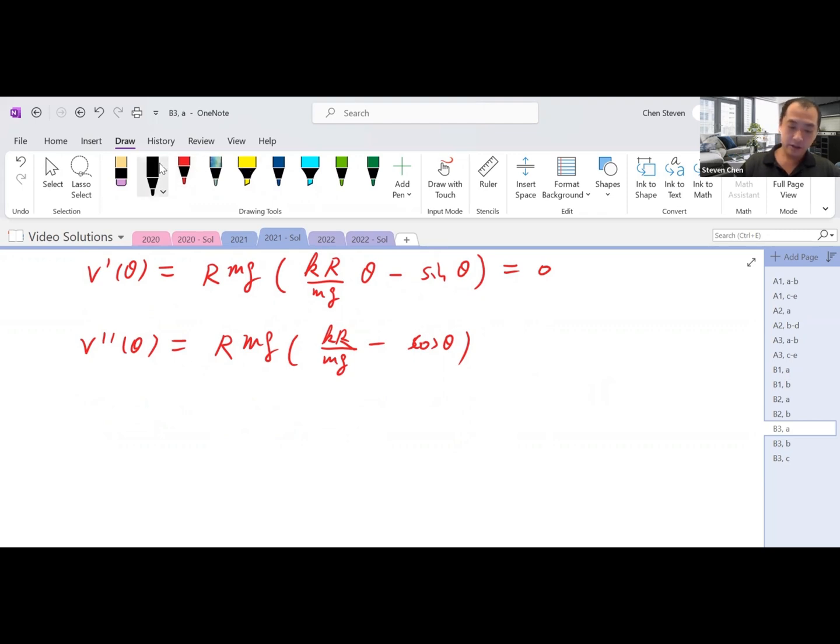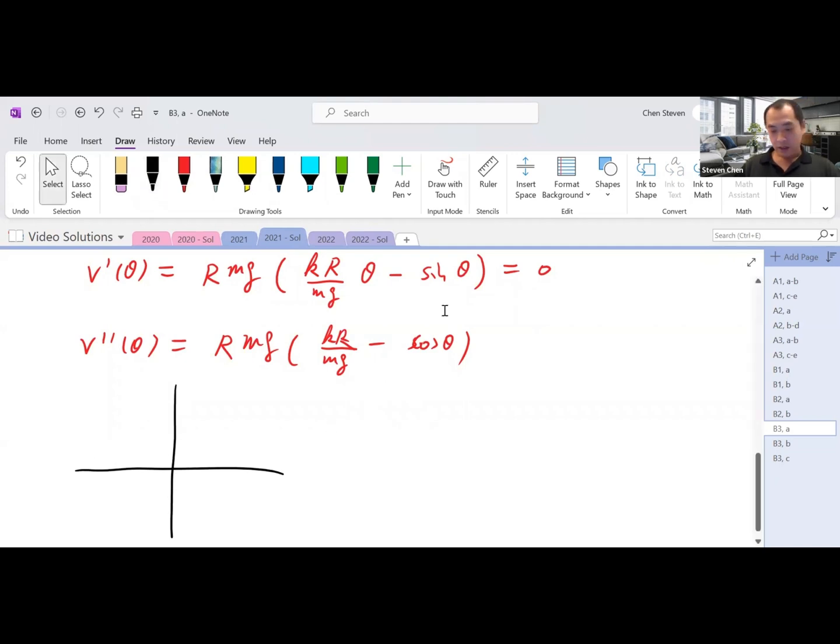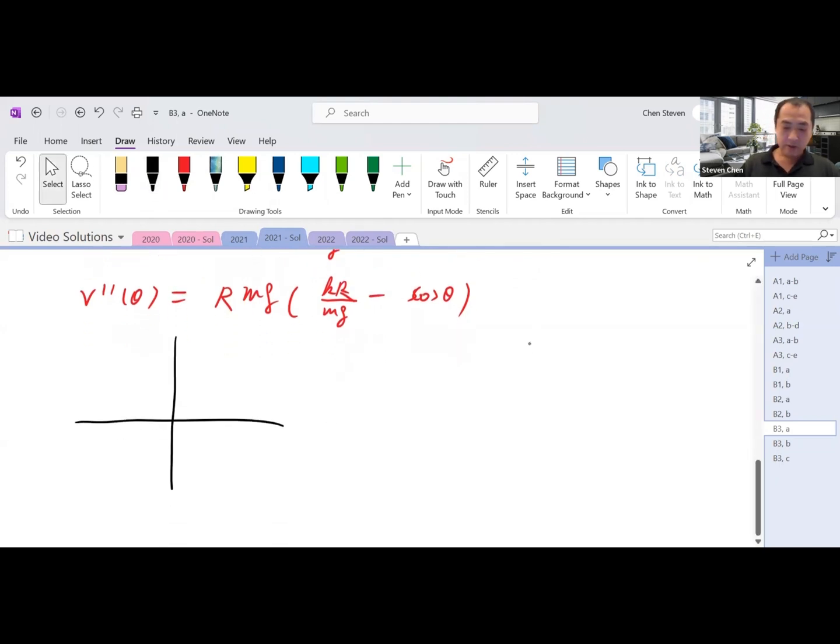Okay, let's do it. Sine of theta is pretty simple. And recall we just need to consider theta from negative pi to pi, right? So let's see how this function looks. It's a very bad plot, something like this, right? So this is the function sine of theta.